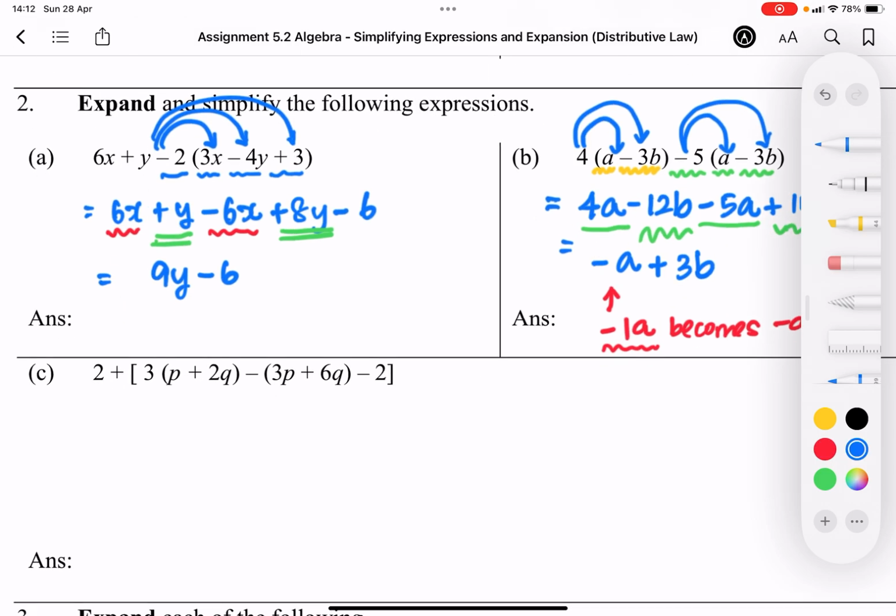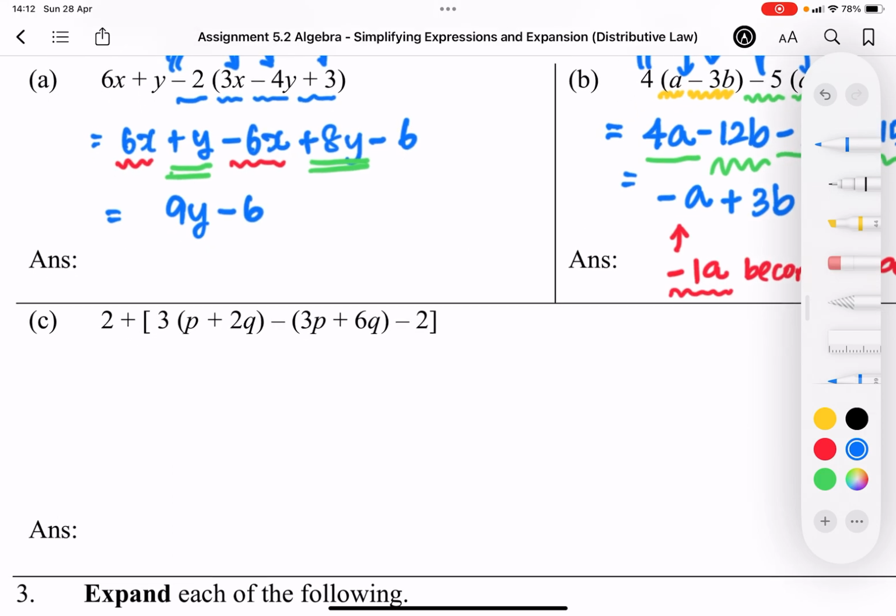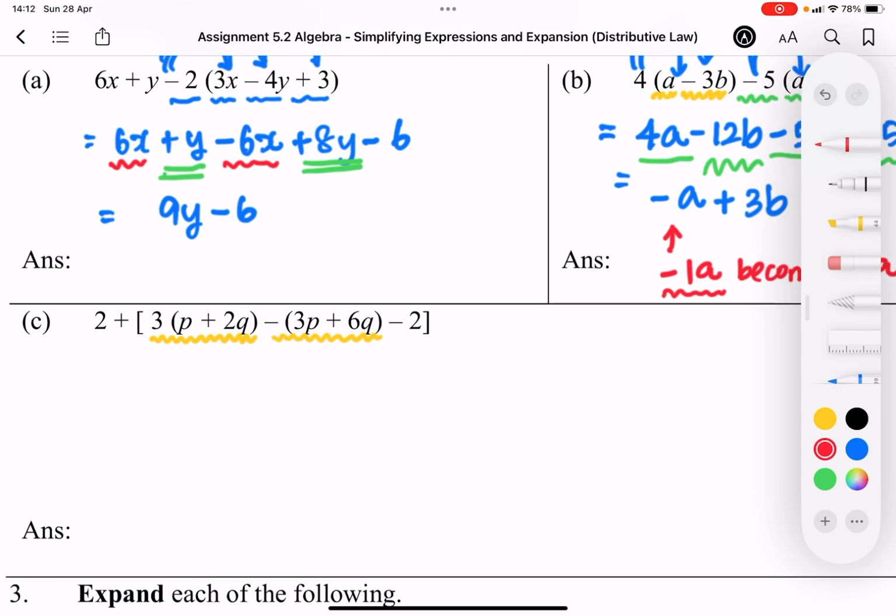Here, the next one. We have 2 plus this whole nested expression. So now we are going to look at what is in the innermost bracket first. In other words, we do this, and we will be doing this part as well. Okay, so this is actually following BODMAS rule too. Next, do we have any ninja one to take note of?